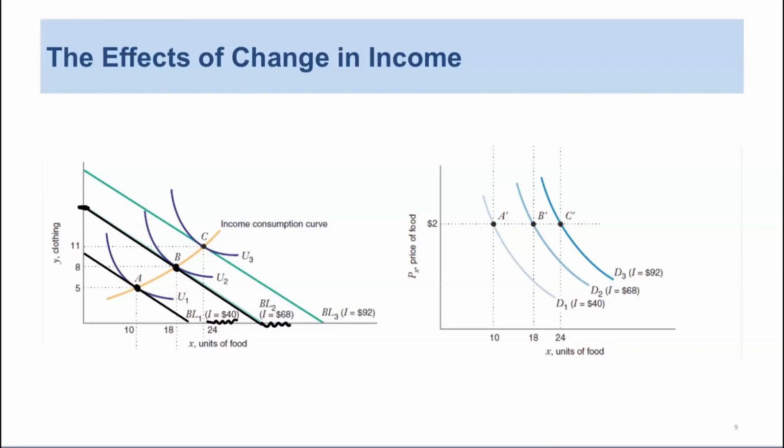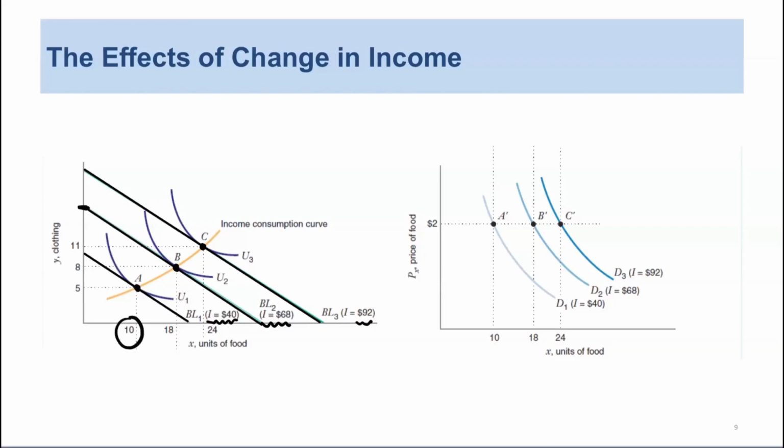Let's increase income one more time from 68 to 92. Then we're going to have the third budget line, and under this third budget line, C is going to be the utility maximizing point. So now, just looking at the first figure and using the relevant information, we're going to make the second figure on the right side.